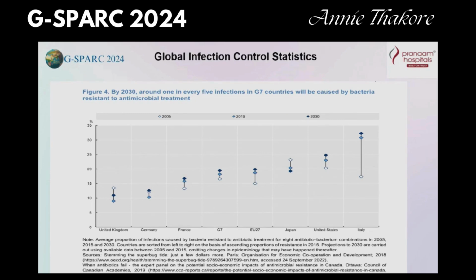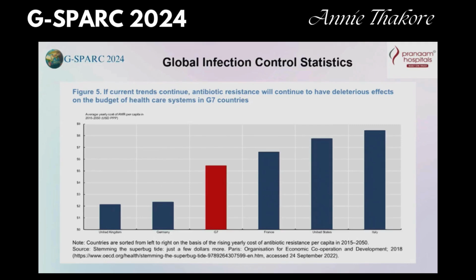If you see the global infection and control statistics, by 2030, around 1 in every 5 infections in G7 countries will be caused by bacteria resistant to antimicrobial treatment. It's a hugely alarming thing. If we don't wake up now, it's going to be big trouble in the future. Next slide, please. Coming to the cost, it is always better to prevent rather than get into it at the last moment.